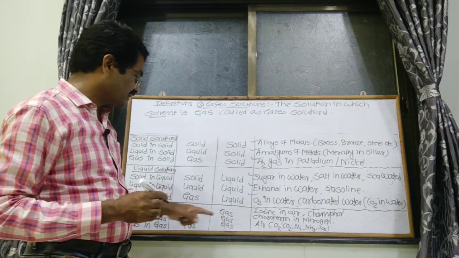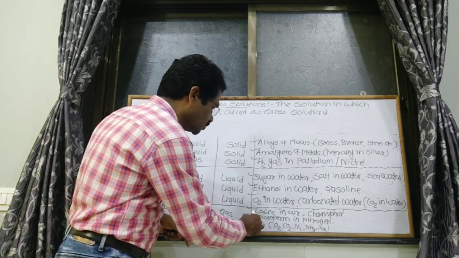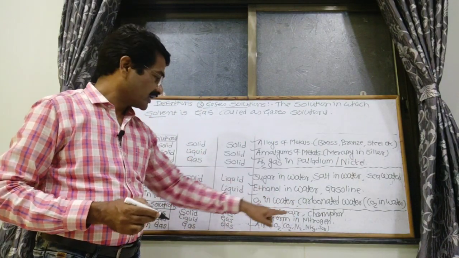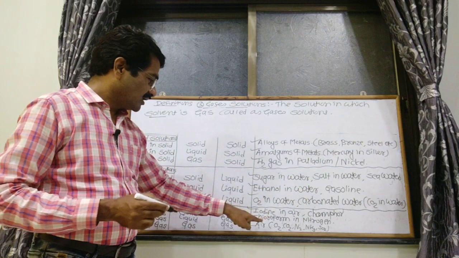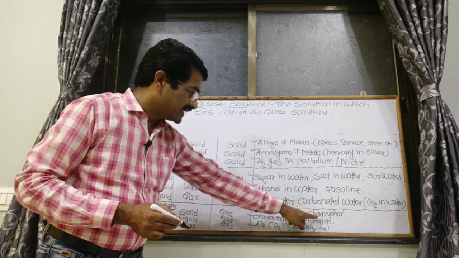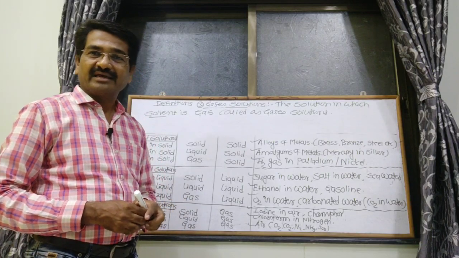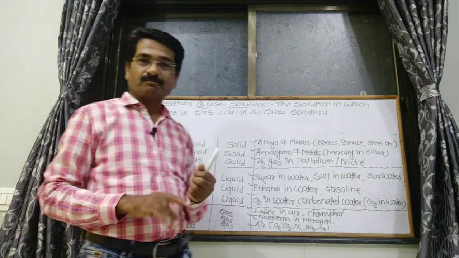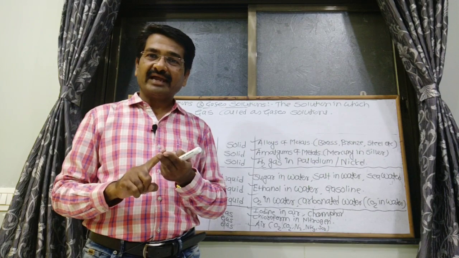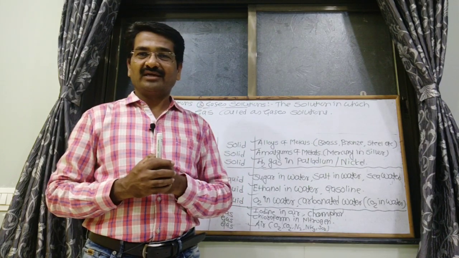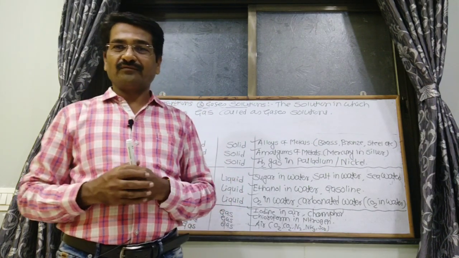The examples of gaseous solutions are these three: 1, 2, 3. Iodine in air, second, chloroform in nitrogen or air. In all these examples the solvent is always gas. So these are the three definitions: solid, liquid, and gaseous solution. Okay, these are the 9 types of solution.